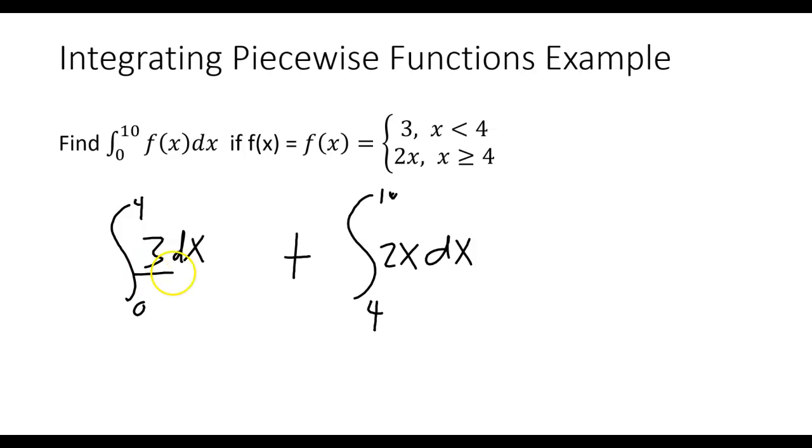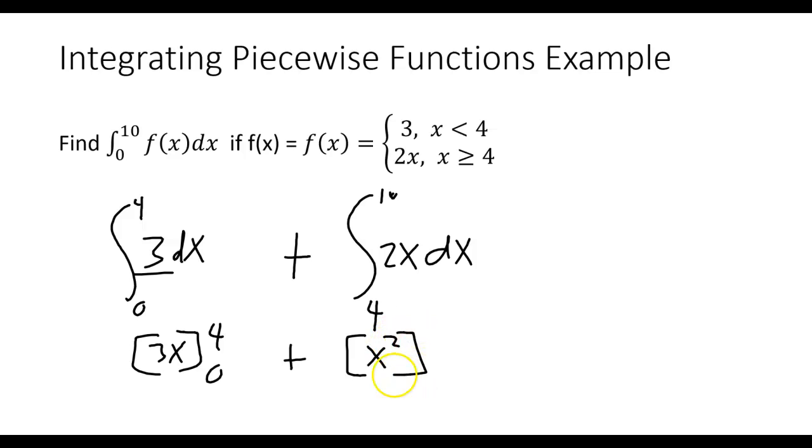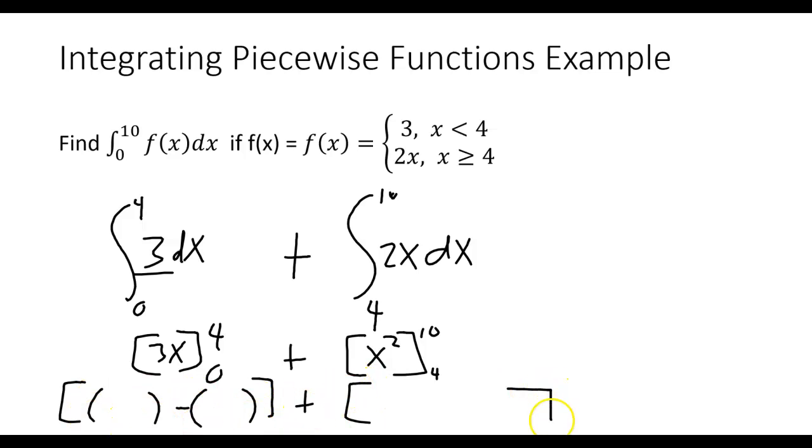The integral of 3 is 3x. The integral of 2x is x squared. And we just apply the fundamental theorem of calculus to each one of these. So I plug in 4, I get 12.